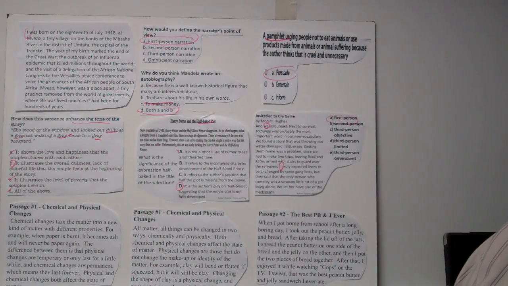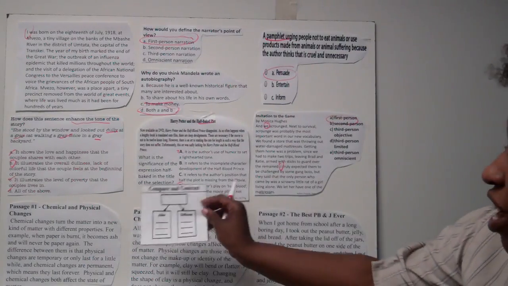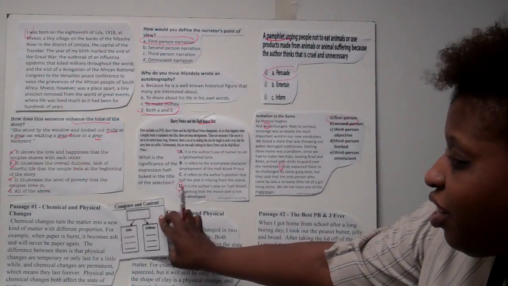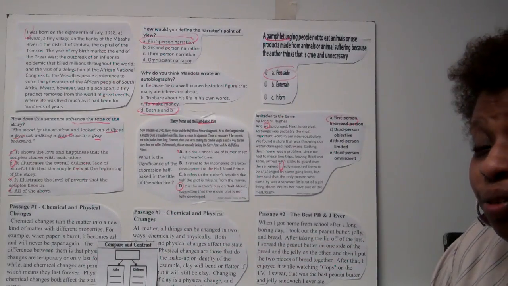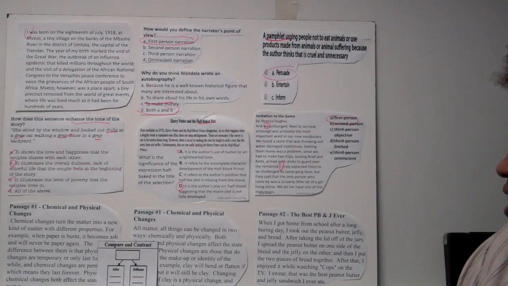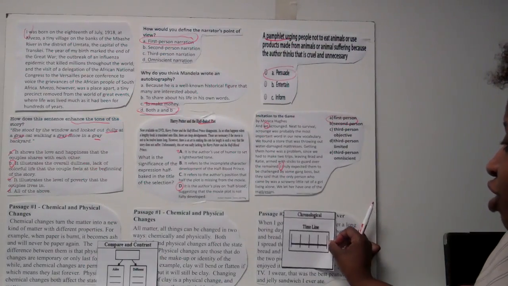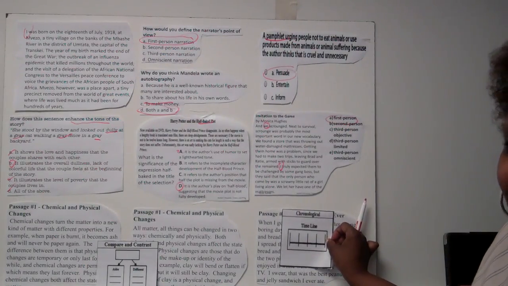So, what kind of text structure is number 1? If you said compare and contrast, you are exactly right. What about number 2? If you said chronological, you're also exactly right.